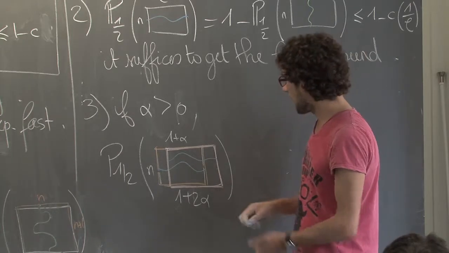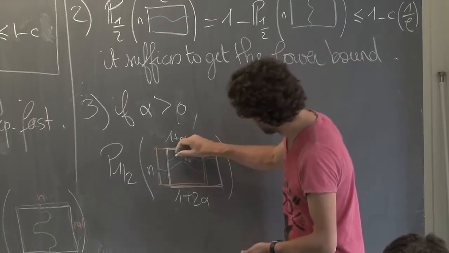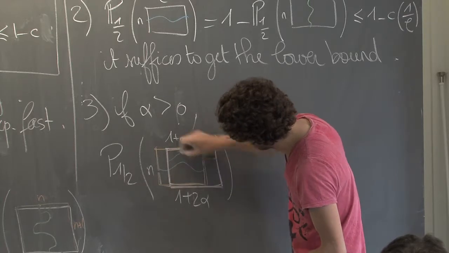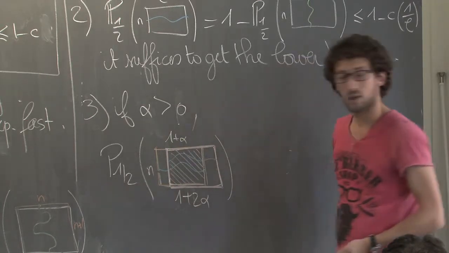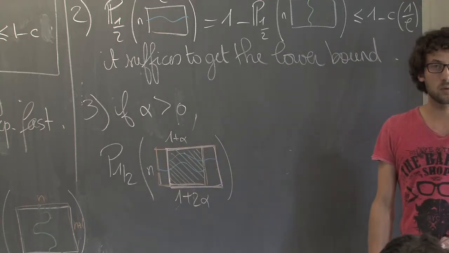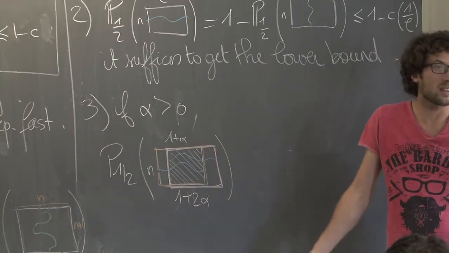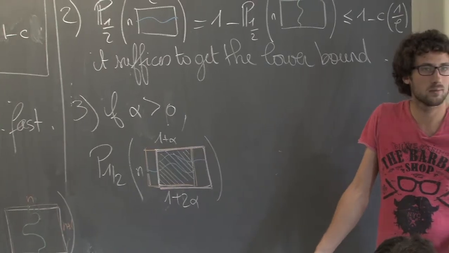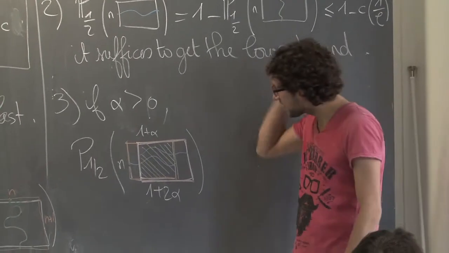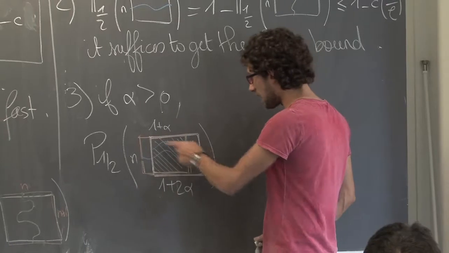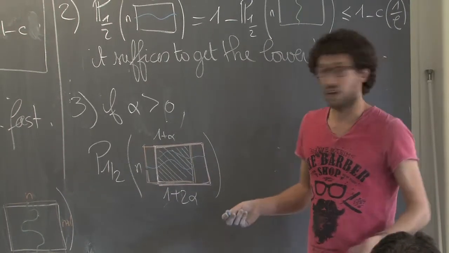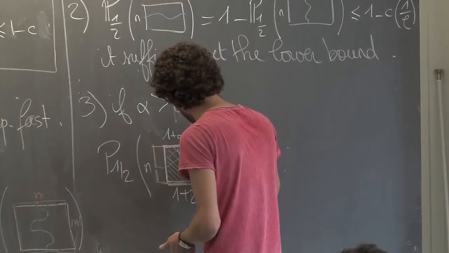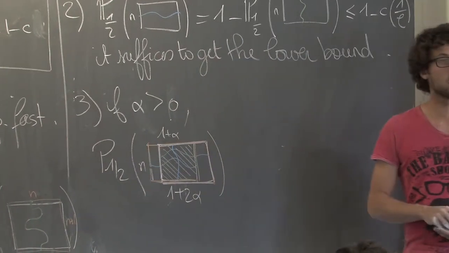But if alpha is larger than 1, here you notice I was very careful. So this rectangle, what is its aspect ratio? It's just 1. This is a square. So how can I be certain that this guy is going to intersect this guy? Exactly, I can just assume that this white square is crossed from top to bottom.